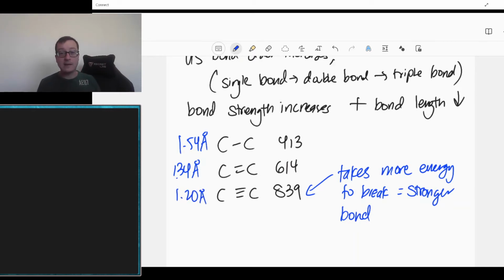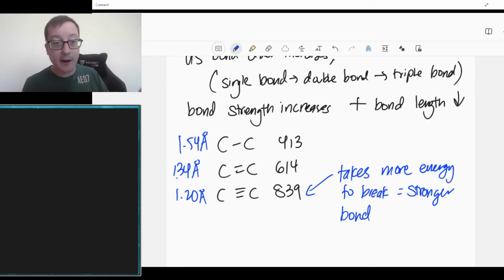So as things are bonding in higher bond orders, they get smaller and smaller, and it gets tougher and tougher to break those apart. So they're sharing more and more closely, and so it's tougher to break them apart. So this is just another trend, I suppose. So just keep that in mind as well. So you'll see things about like bond strength, bond length. All these things are related to each other.